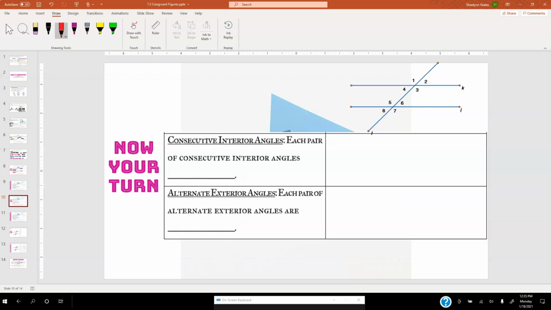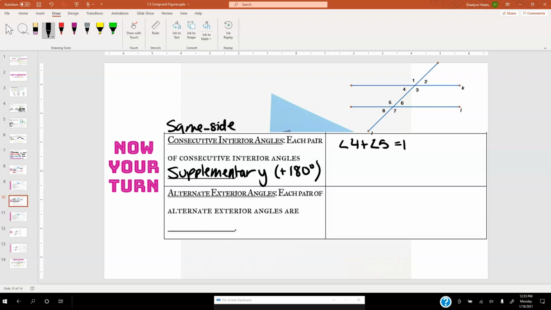Okay? On these ones, consecutive interior angles, this is also known as same side interior angles. They are not congruent, they are supplementary. This means they add to 180 degrees. And I gave you an example of one, so I know that angle 4 plus angle 5 is going to equal 180.